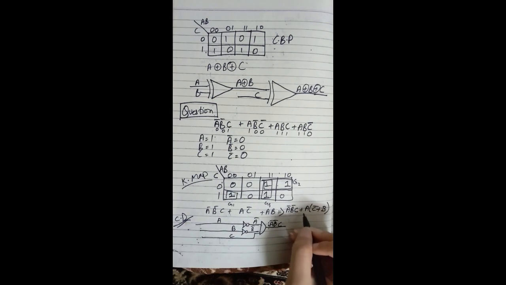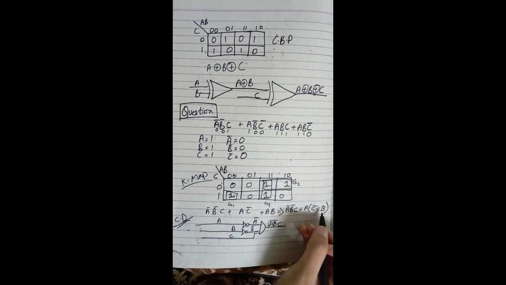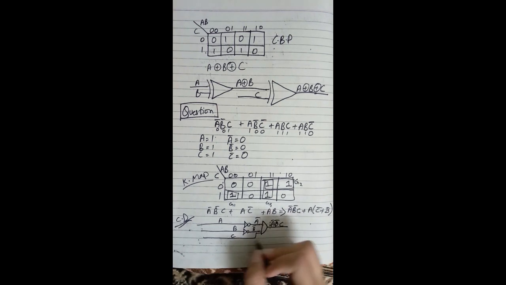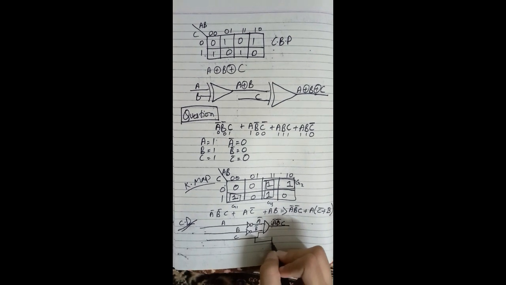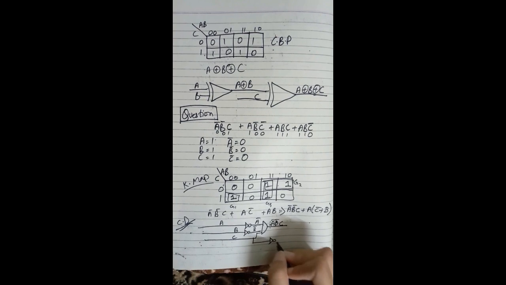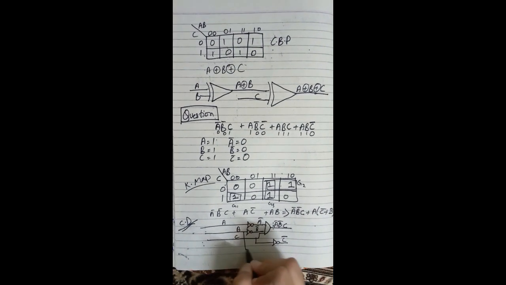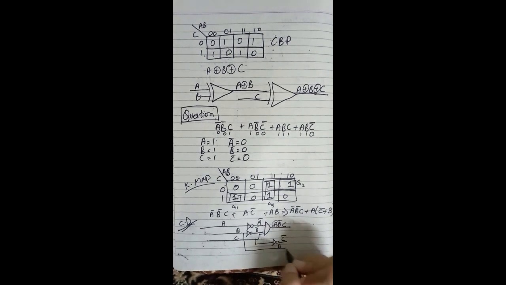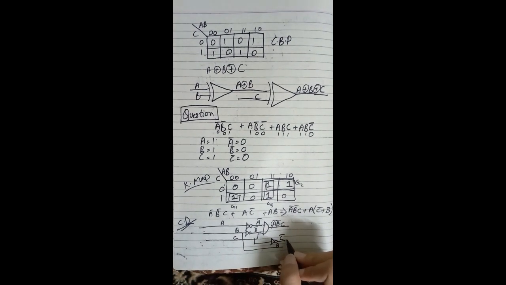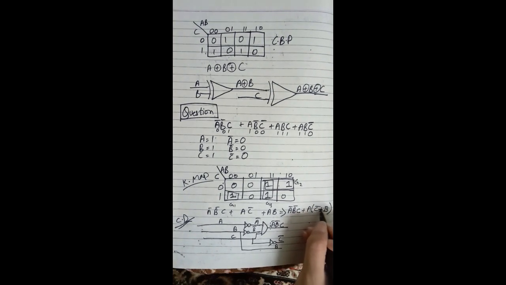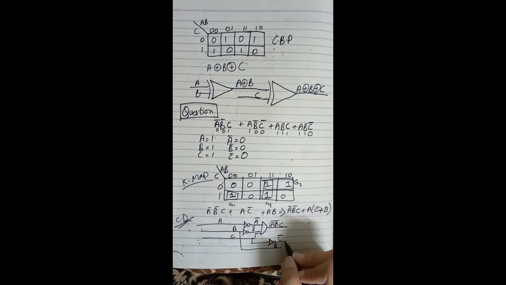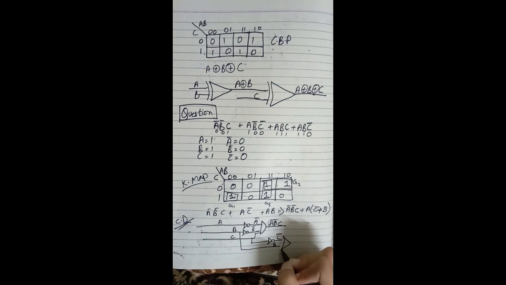Now we will draw the A into C bar plus B. First we have to draw the C bar. It will be our C bar, and then we have to take the B, not the B bar. We have to take B. They are connected with the, no, there's the plus sign. They are connected with the OR gate.